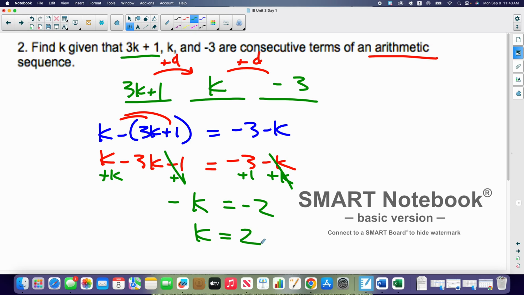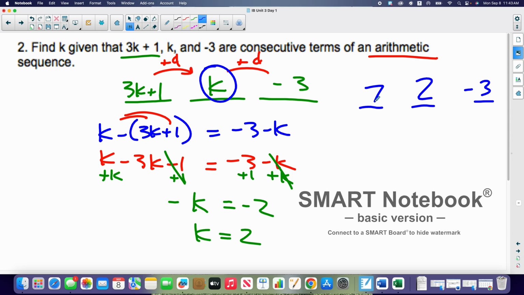Now I did what it said, right? I solved for K. But some of you still have a puzzled look. So if I take K and plug it back in, that would be 2, then -3. If I put the 2 into this one, what do I get? 7.